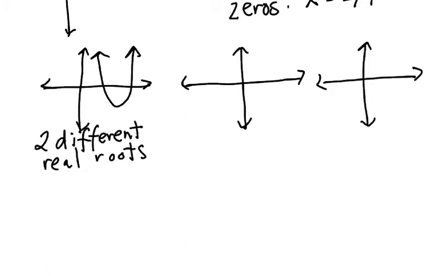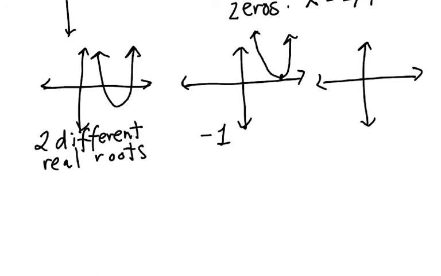But if we had another scenario, we can have a parabola that just touches the x-axis at just 1 point over here, and we would describe that in one of 2 ways.